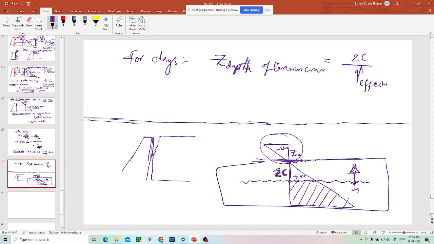Before formation of the crack, the net force will be this minus this. Yeah, that is correct. So after formation of the crack, the final force is only this.